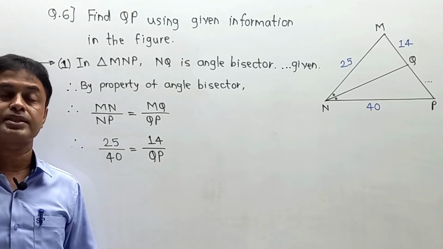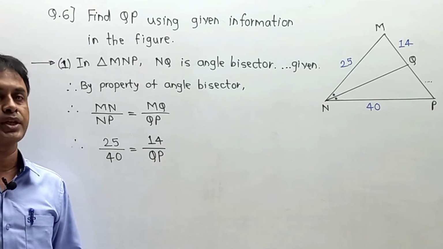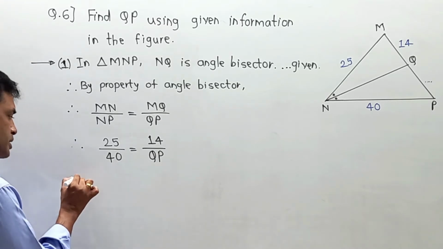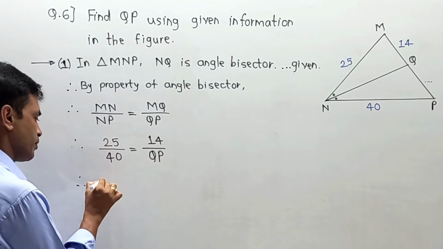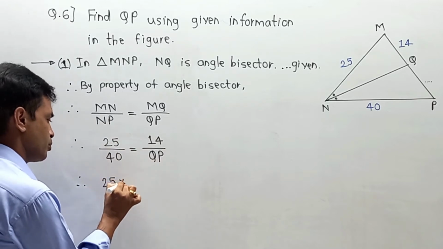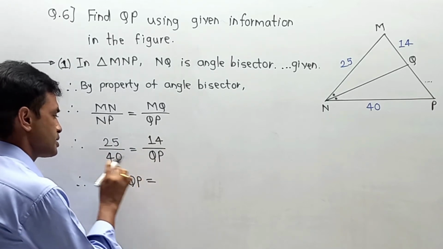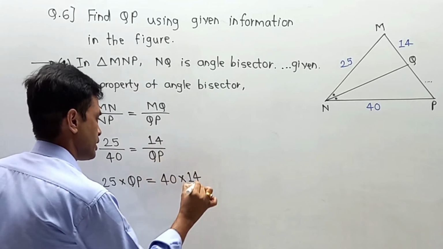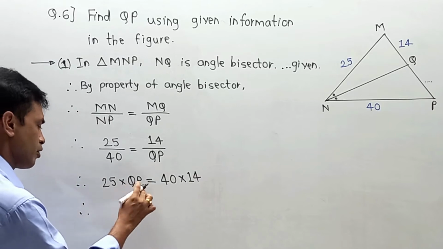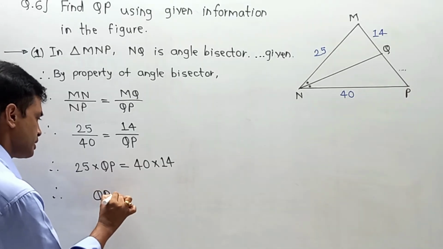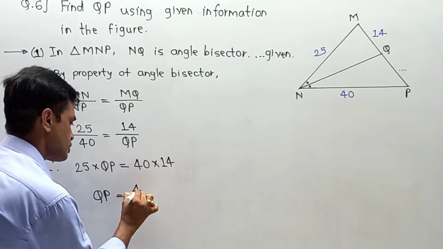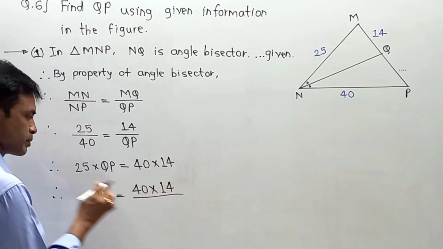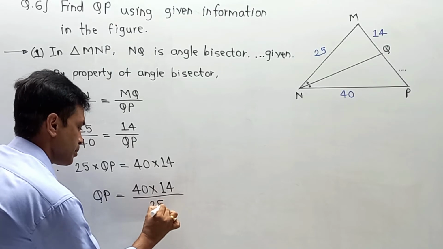There are two parts: one is writing skill and second is calculation technique, and we are adopting them one by one. So the next step is 25 into QP is equal to 40 into 14. So your value of QP becomes 40 into 14, and this 25, which is multiplied over here, comes to the other side as a divisor.